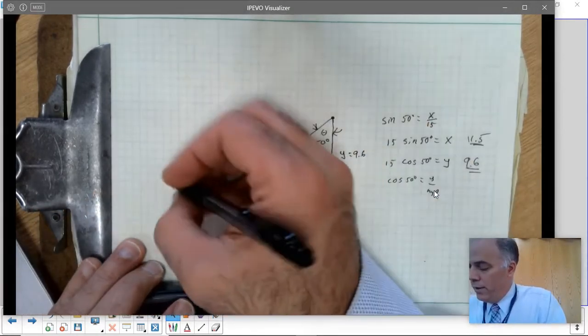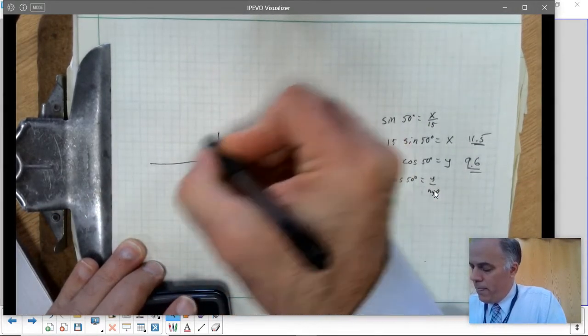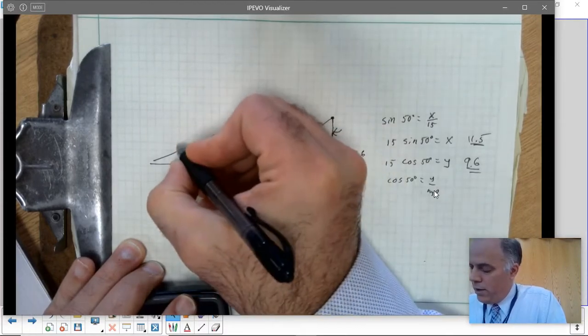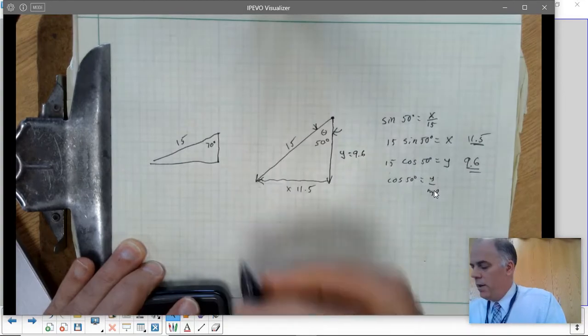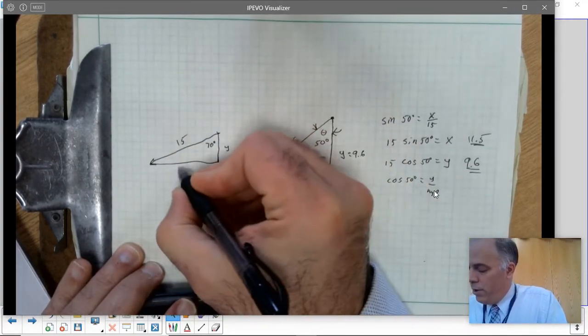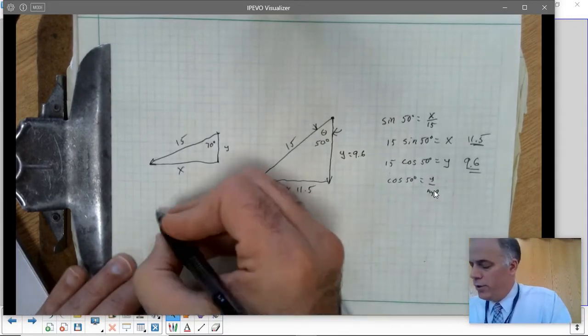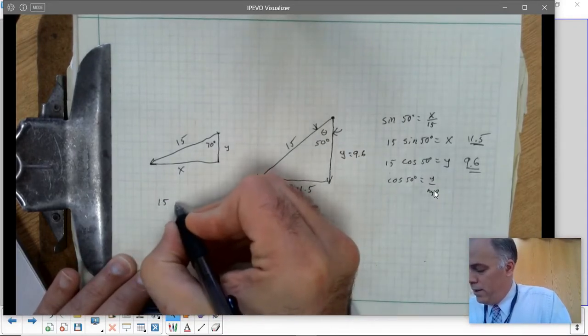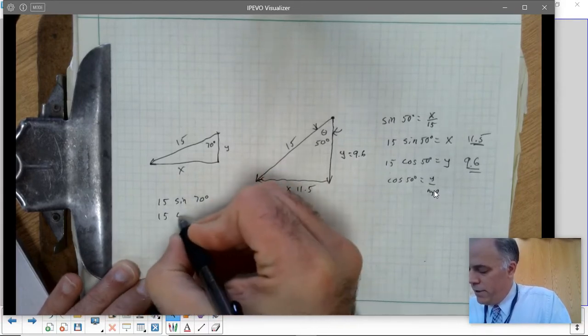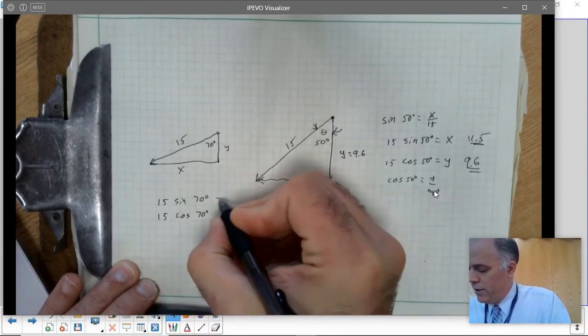Let's do one more here. Let's say we've got, let's call this 70 degrees, and we're going to call this 15 again. 15 units. And we want to know the y component and the x component. So we're going to do 15 times the sine of 70 degrees and 15 times the cosine of 70 degrees.